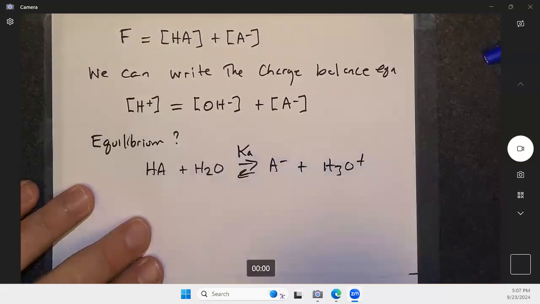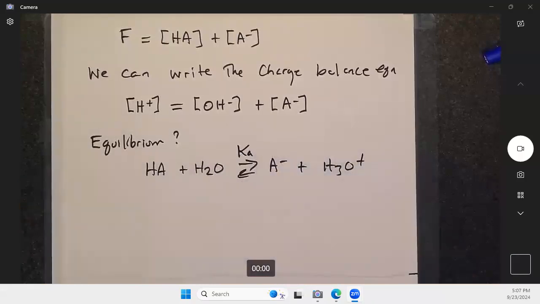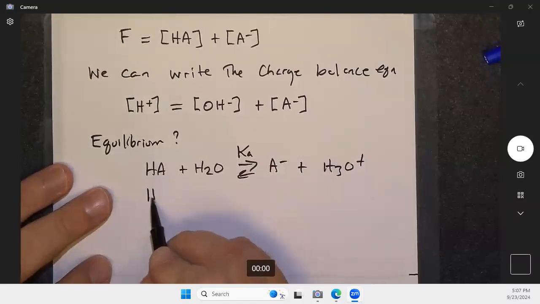That's the Ka. Is there any other reaction going on in aqueous solution? There's one more: water. It's always occurring, the autoionization of water.